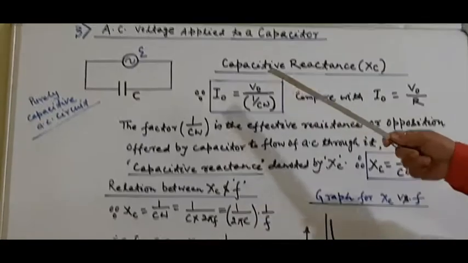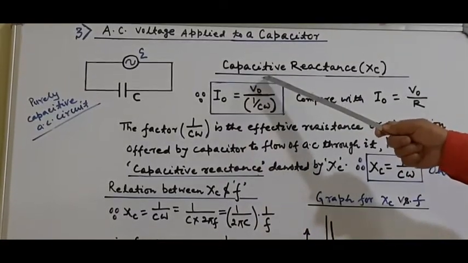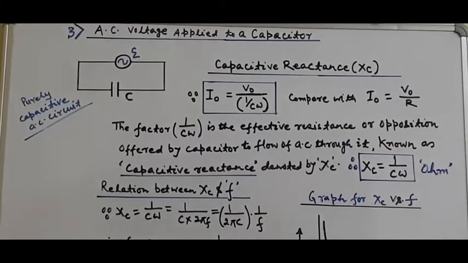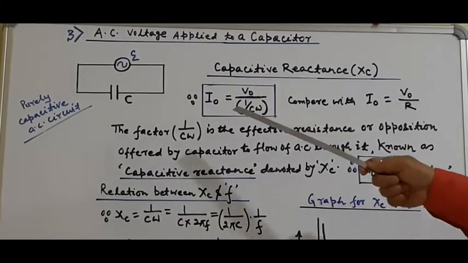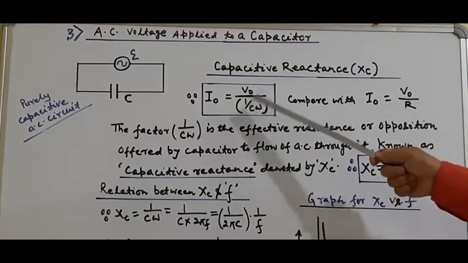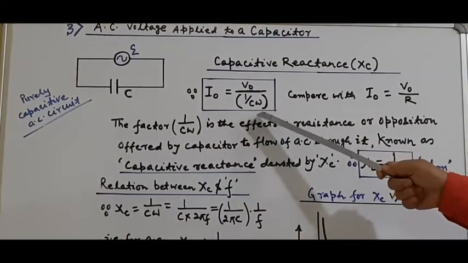Now we shall discuss the term capacitive reactance of this circuit. We have seen that the maximum value of alternating current I naught is equal to V naught by 1 by C omega.